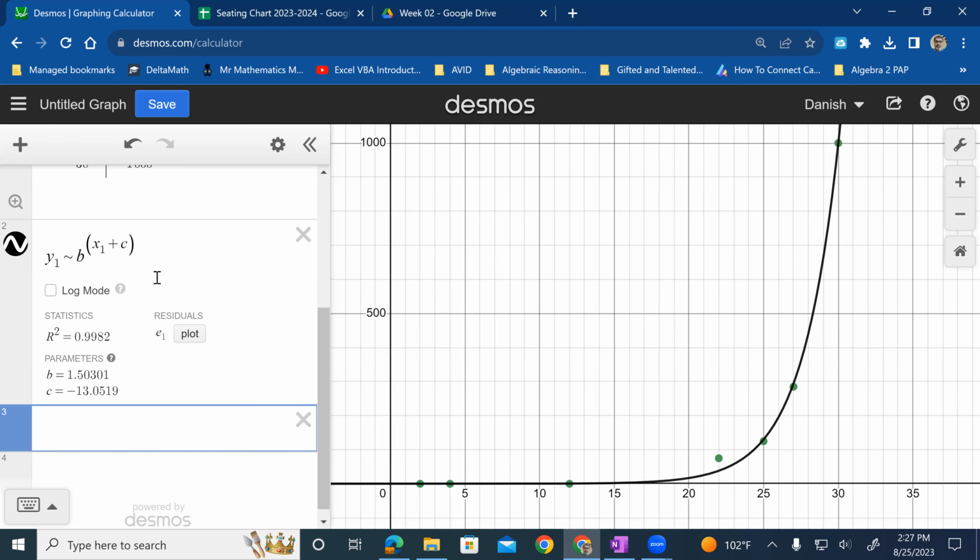Y equals B. What's the value of B? 1.503 and then raised to power in the exponent. I'm now putting it in the exponent, the rest of the stuff, which is x minus 13.05. Once you did this, we are done.